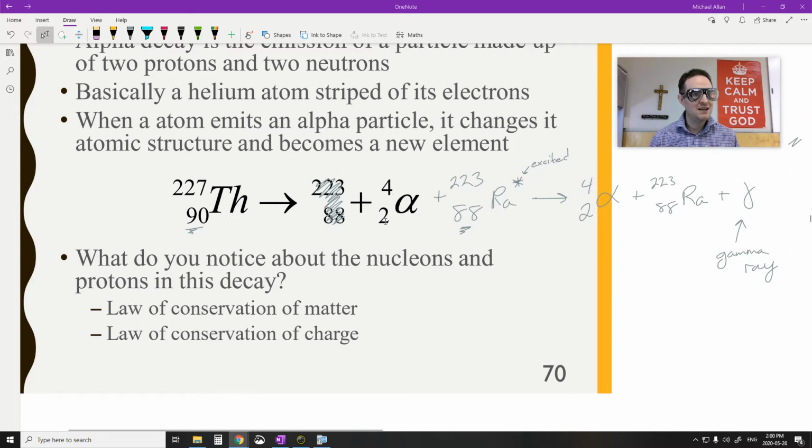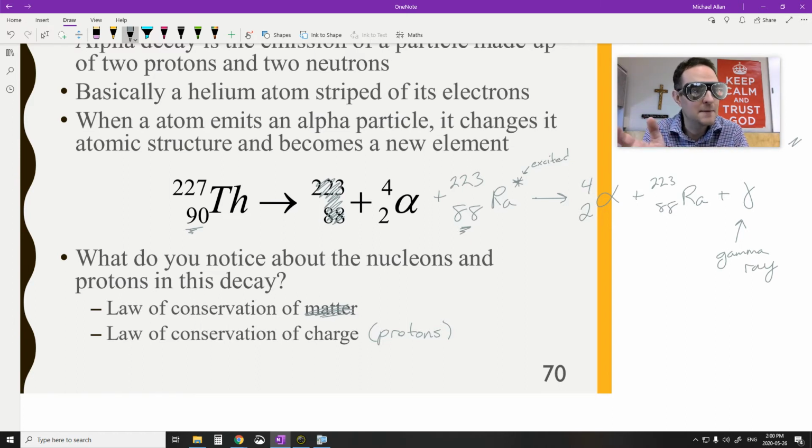If I add the 88 and the 2 together, I get 90. Okay, so I'm going to cross out the word matter and change that a little bit later on. Now, the protons are being conserved, which also means the charge is being conserved. I had 90 positive pieces before. I have 90 positive pieces afterwards.